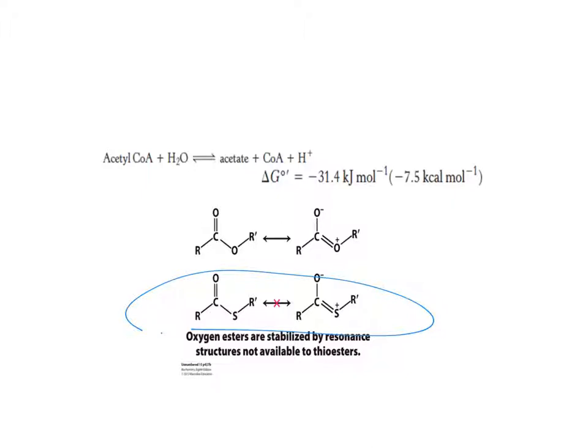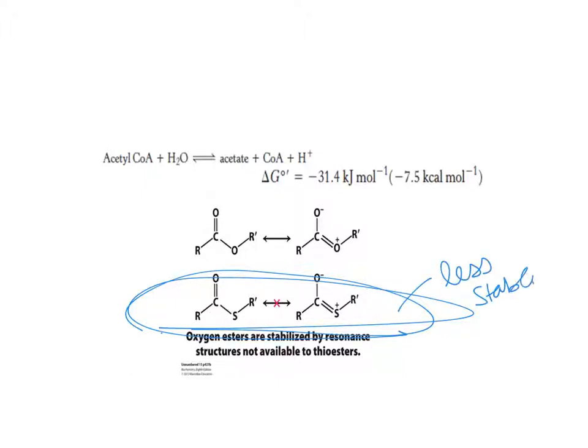So the oxygen esters are more stabilized, and the energy is going to be different there. So the ability to transfer substances changes, because the thioester is going to be less stable. It's going to be better at being used as a transfer group.